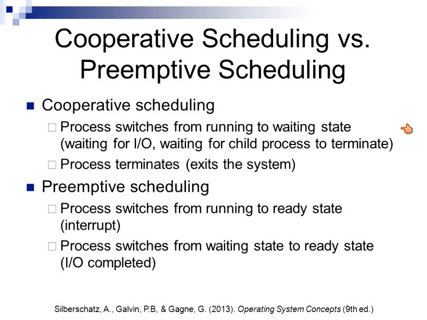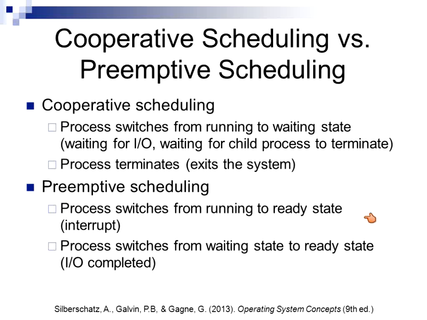When a process is waiting for I/O or waiting for a child process to terminate, that's one case where the scheduler would schedule a new process. Another time the scheduler would schedule a new process is when a process terminates. Okay, the process is over, it exits the system. That would be another case when the scheduler would have to choose a new process to run.